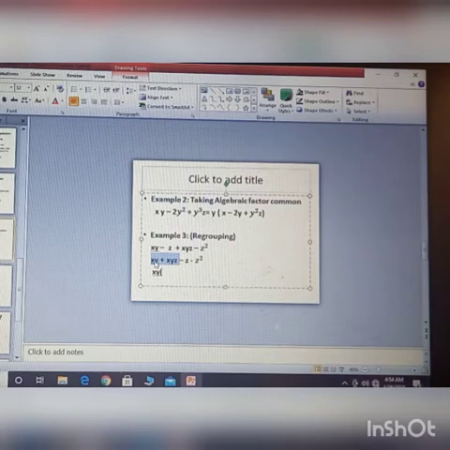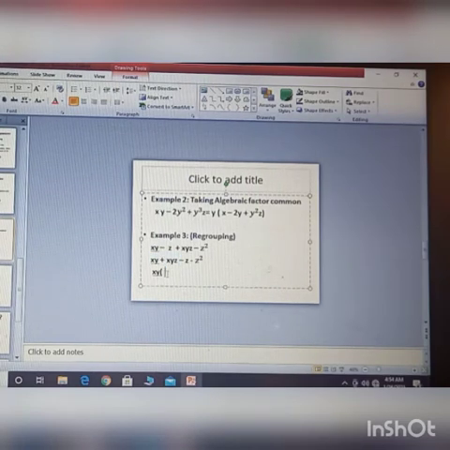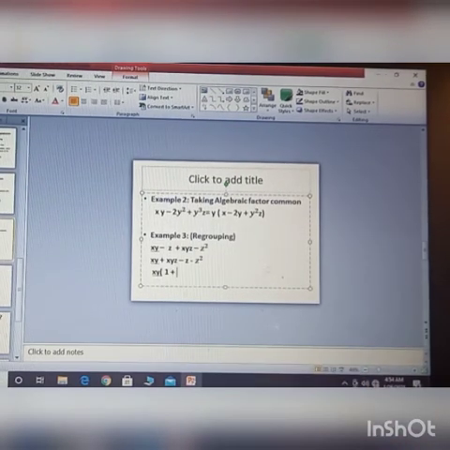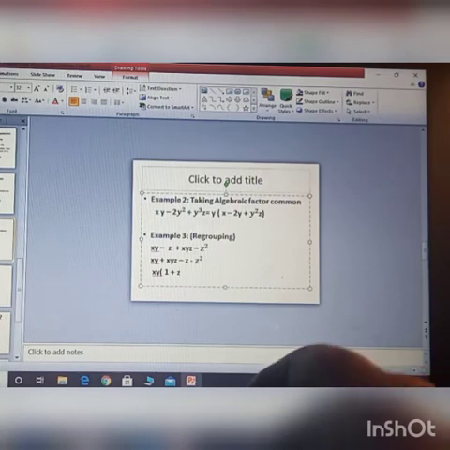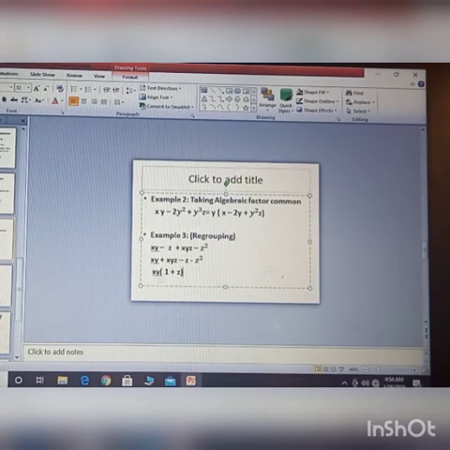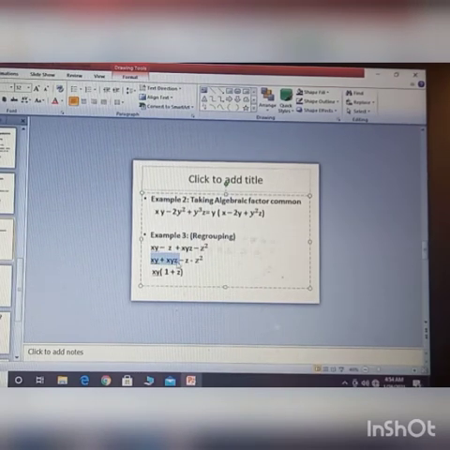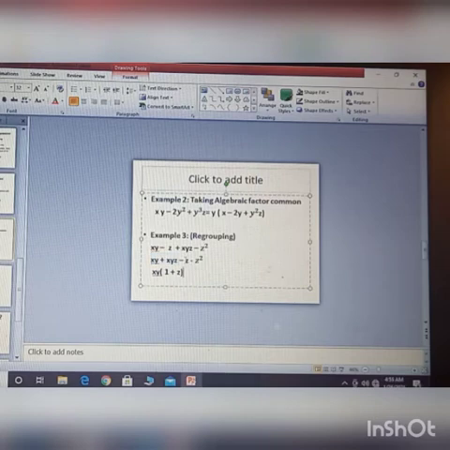So in the first term, only 1 is left, and in the second term, z will be left. So in that way, you have taken common out of these first two terms. Done. Now out of the remaining two terms, you will look for something common and take it common out.